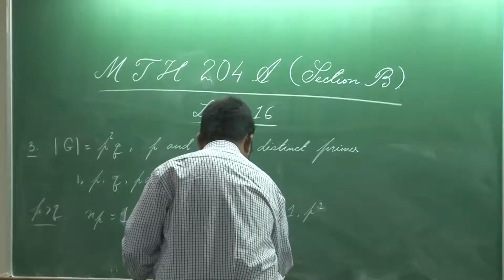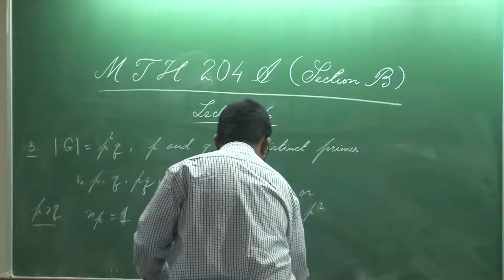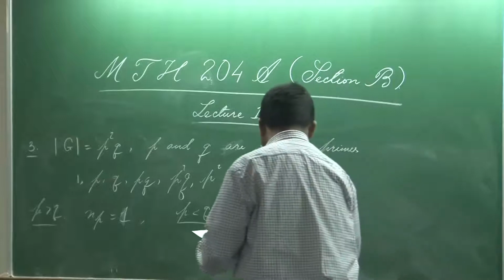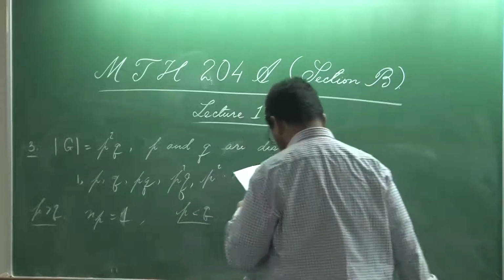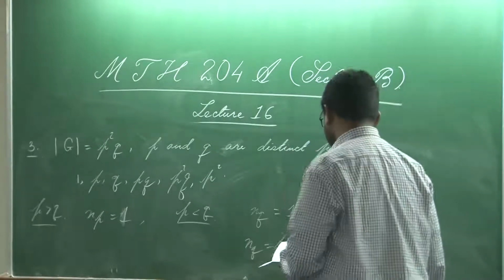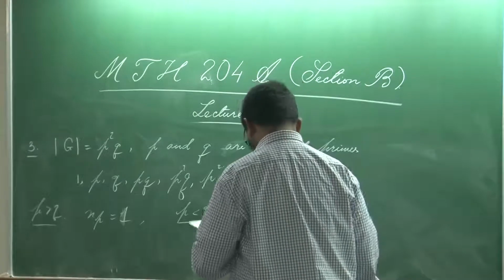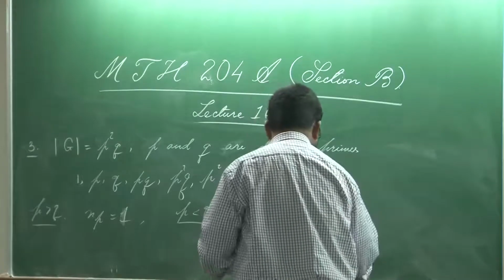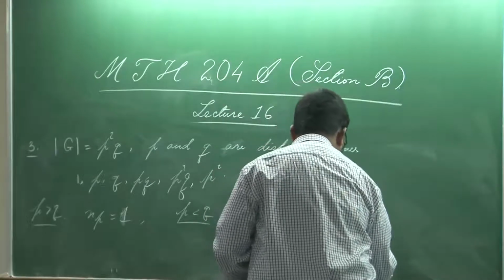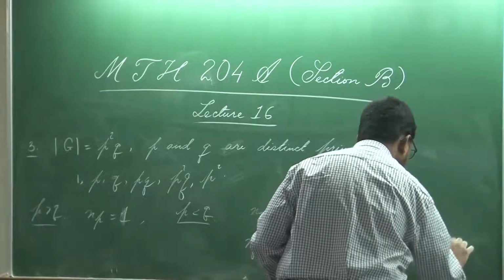If nq is p square, then what can we say? Then q divides p square minus 1, because it has to be congruent to 1 modulo q. So q divides p square minus 1, which is p minus 1 times p plus 1.